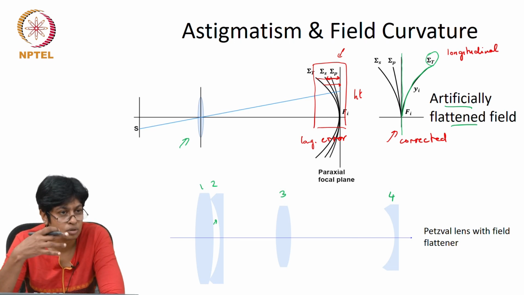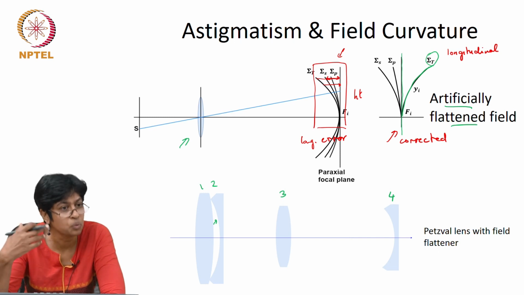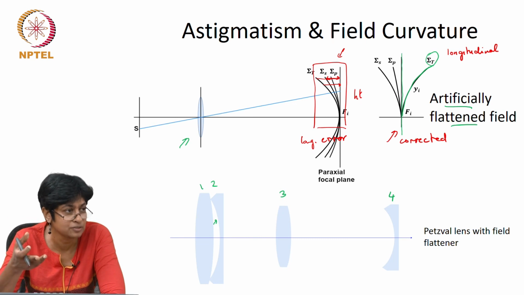Okay. Now you can buy adapters or objectives for a microscope, and the amount of money you pay for that objective depends on how much aberration correction has been done. Some of the most expensive objectives are the ones that give you flat field over a large area. And of course, it depends on your application.